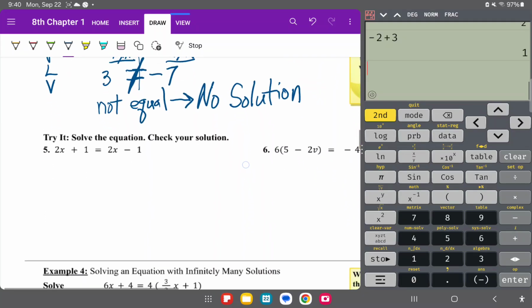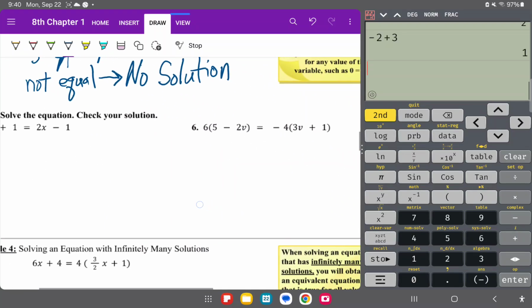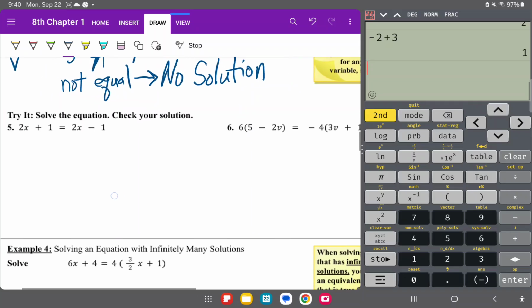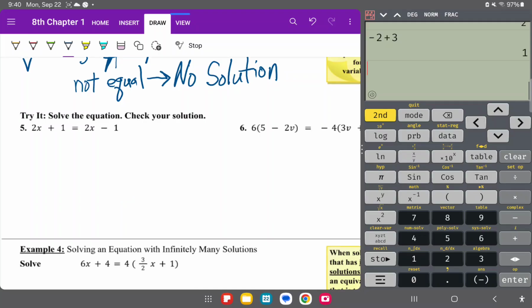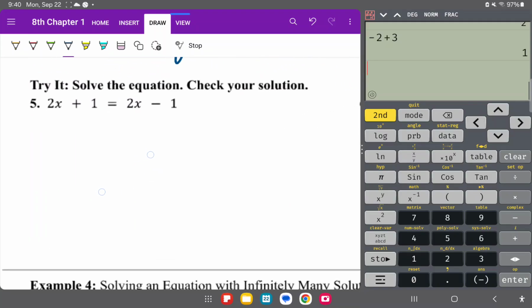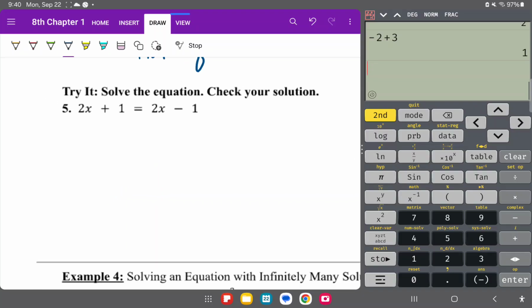All right, so I want you to work these two out, and I want you to actually work it out to see how it works. So do 5 and 6. All right, so on 5, are there any parentheses?